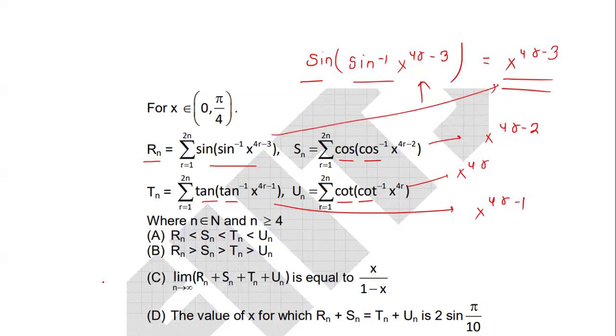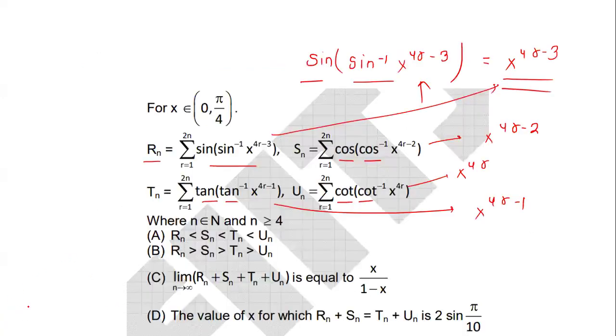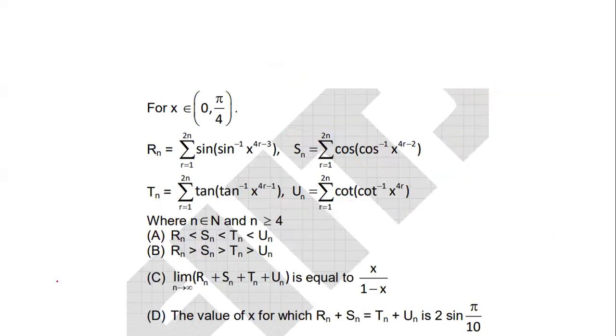So now we simplify this: r of n is equal to the summation of this thing only, s of n is equal to the summation of this thing only, t of n is equal to the summation of this thing only, and u of n is equal to the summation of this thing. So in r of n we have x power 4r minus 3. In s of n we have x power 4r minus 2.